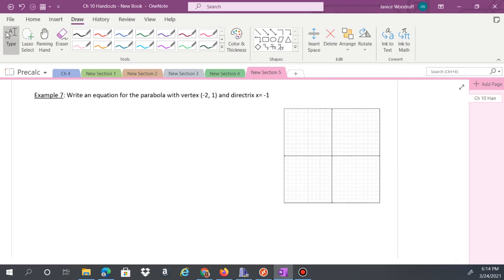So here's the example. Write an equation for a parabola with the vertex negative 2, 1. So negative 2, positive 1, that's right here. And a directrix, x equals negative 1. It's an x equals line. What kind of line is that? Vertical line. So again, there's my directrix.